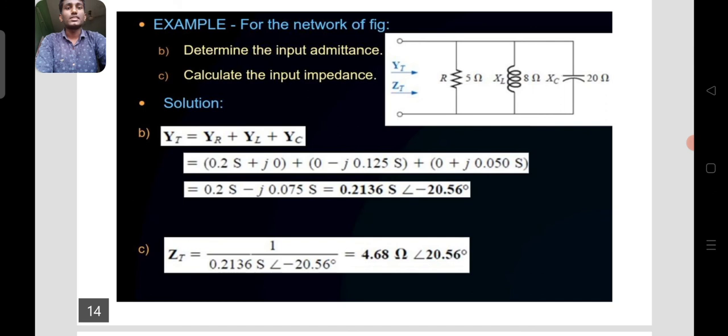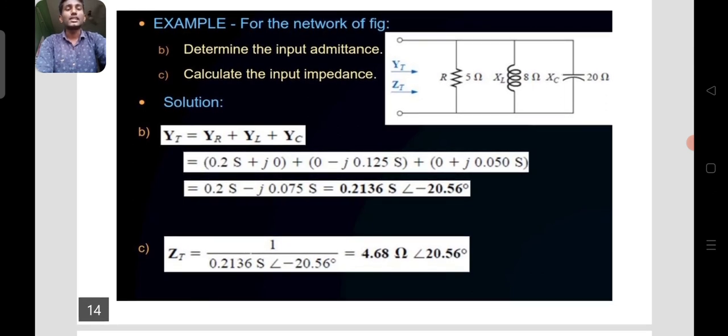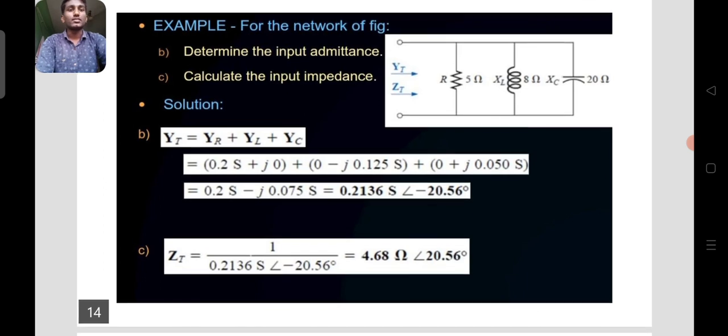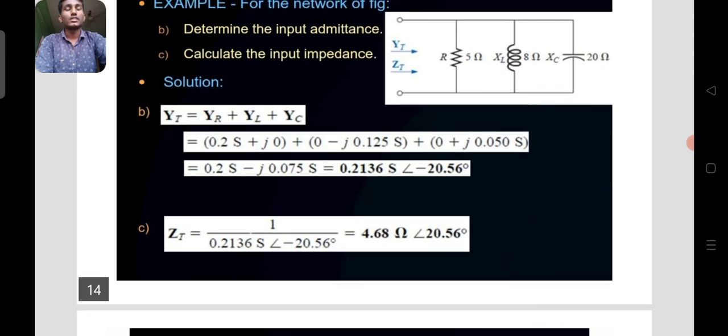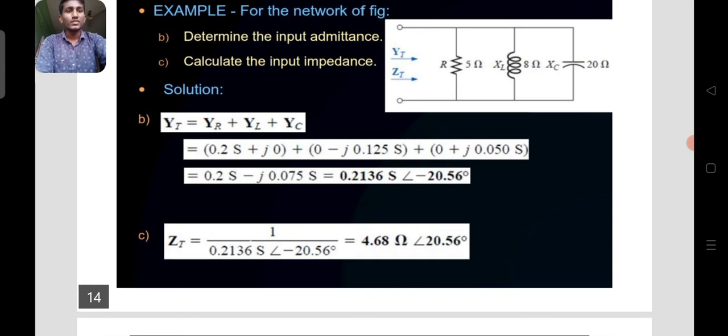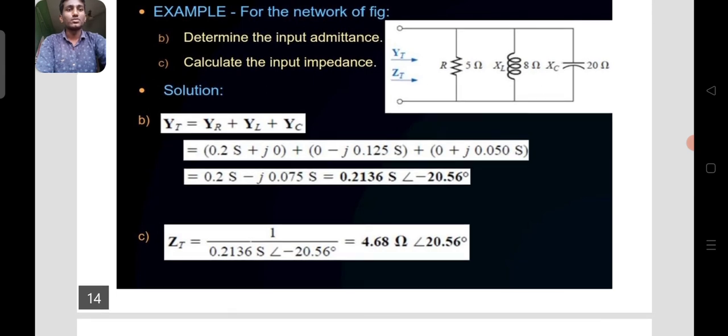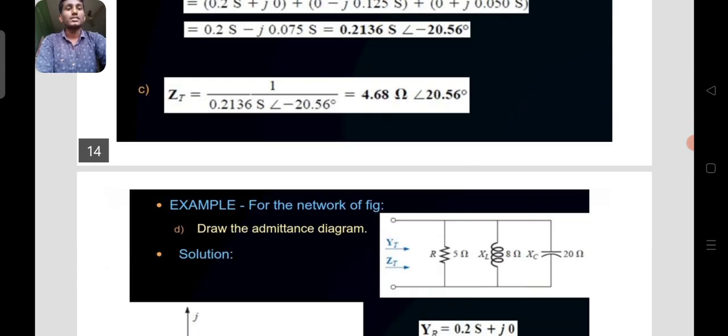Here total admittance is the summation of the admittance of each resistor, inductor and capacitor. So we get 0.2136 angle minus 20.56 degrees. And coming to the impedance, 1 by 0.2136 angle minus 20.56 degrees equal to 4.68 ohms angle 20.56 degrees.